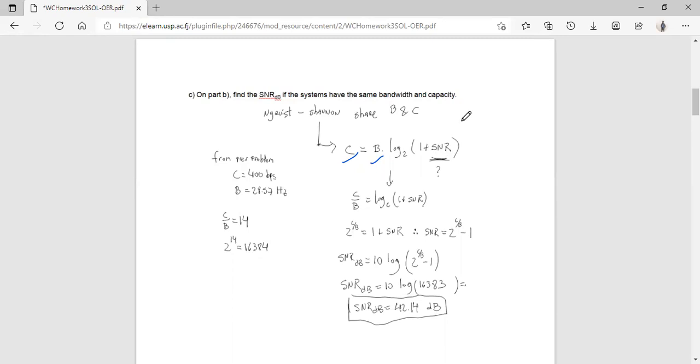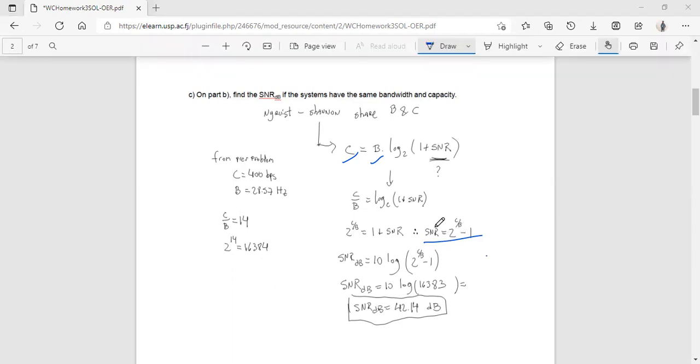So what we do is make SNR the subject of the formula. If we make SNR the subject of the formula, we'll get SNR is equal to 2 to the power of C upon B minus 1.